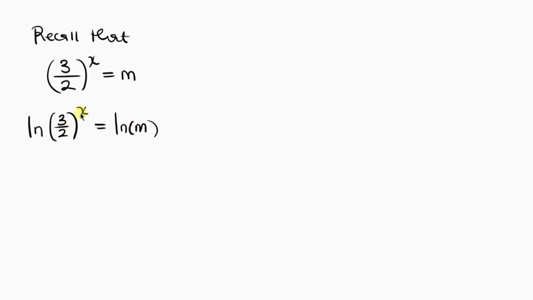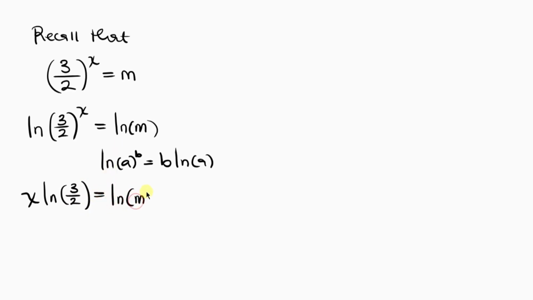Now from the law of logarithm, for example, maybe I have ln of a to the power of b. This can be written as b, which is the power, times ln of a. So let's express this like this. So that means the power x times ln of 3 over 2 will be equal to ln of m.